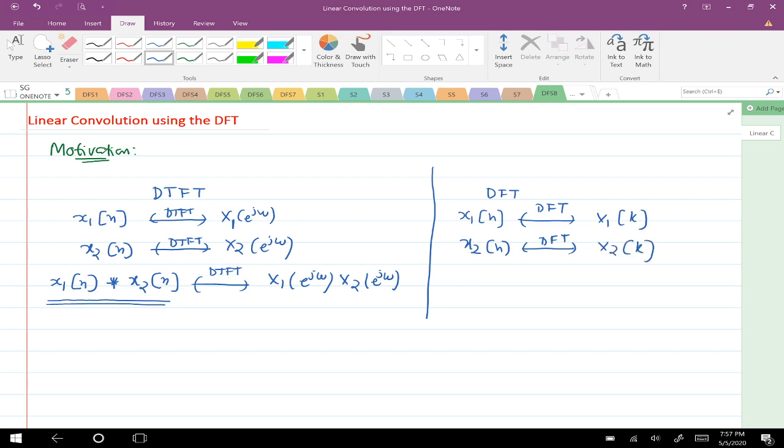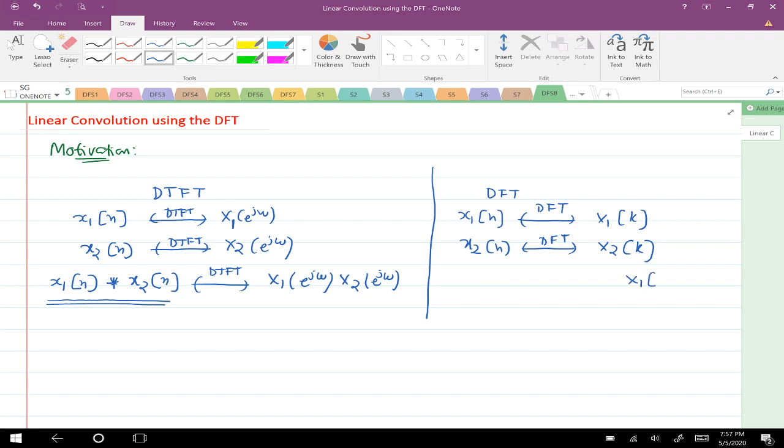Now, this X1 of k and X2 of k, we already know, are in fact samples, like X1 of e power j omega uniformly sampled at a distance of 2 pi by capital N, N being the length of the N-point DFT, right? So these are in fact the samples of X1 of e power j omega and X2 of e power j omega.